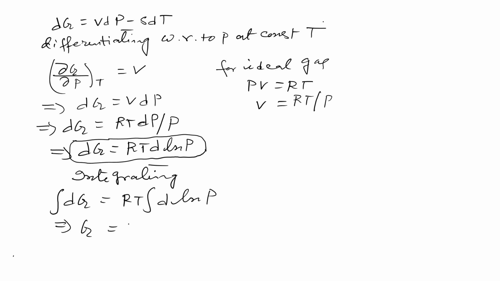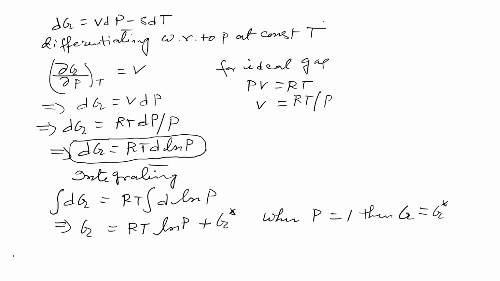G is equal to RT ln P plus an integration constant, say G star. How can I define G star? When P is equal to 1, this term will become 0, then G is equal to G star. So the integration constant G star is the free energy when the pressure is equal to 1.